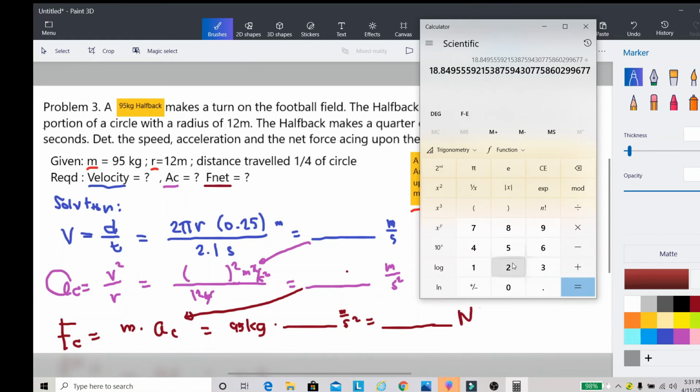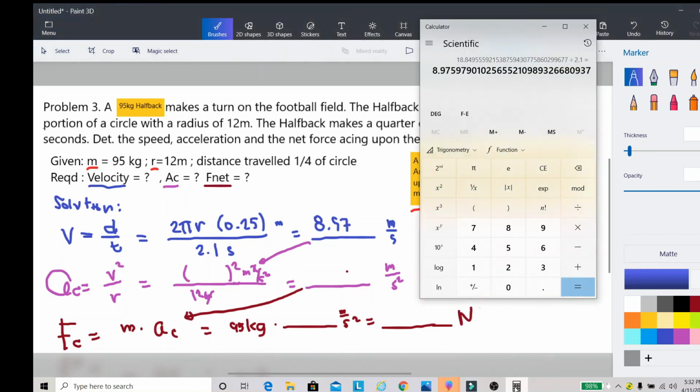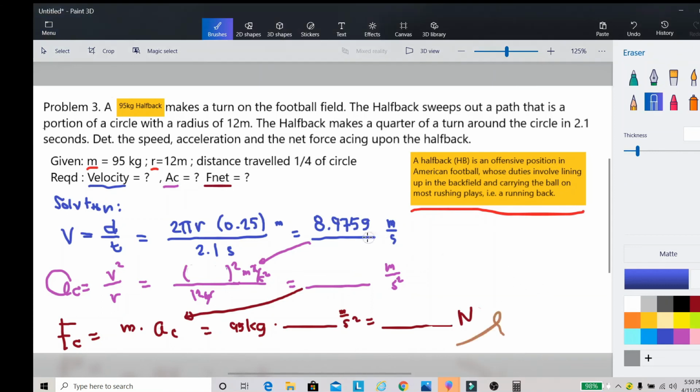Divide that by 2.1, and we have 8.97 meters per second. 8.9759 meter per second.